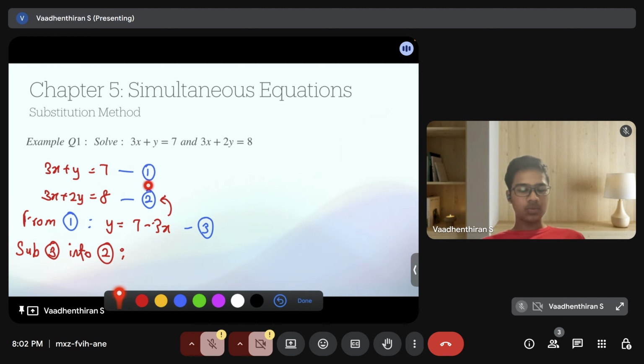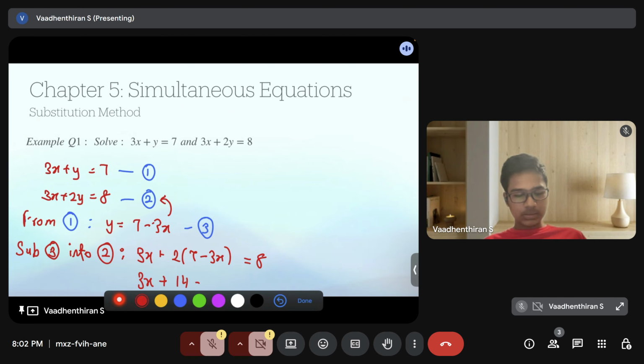It should be the second equation or any other equation. So substituting, 3x plus 2 times 7 minus 3x equals 8. So 3x plus 14 minus 6x equals 8.